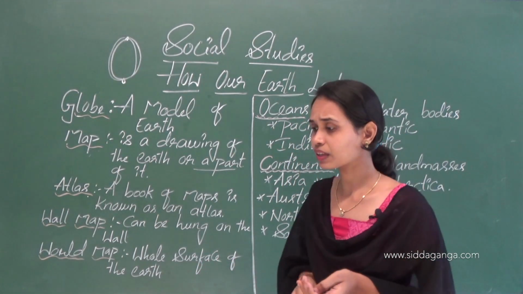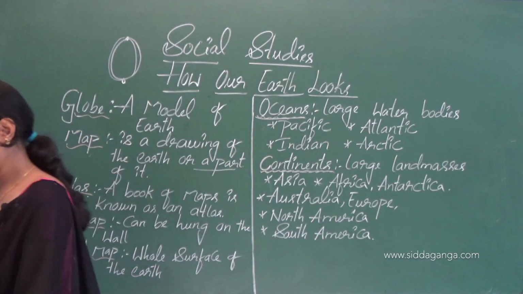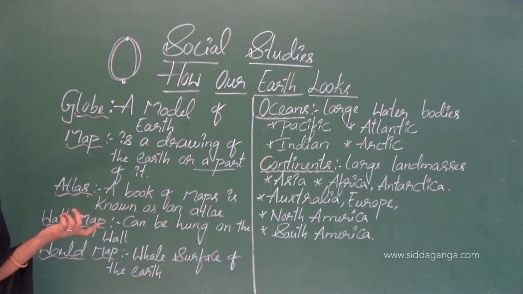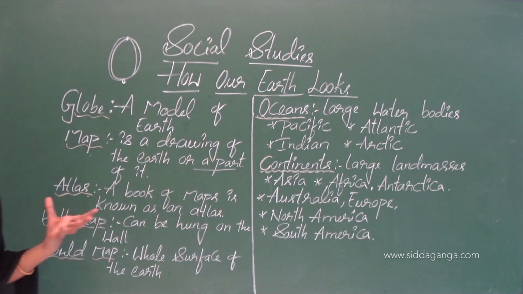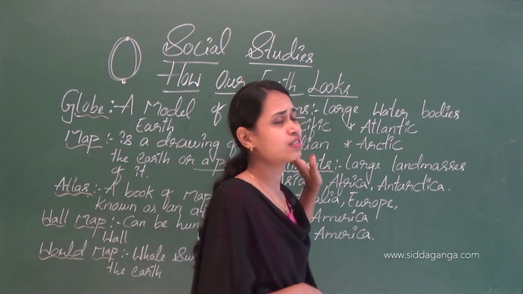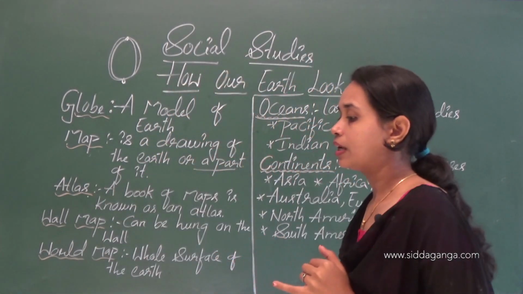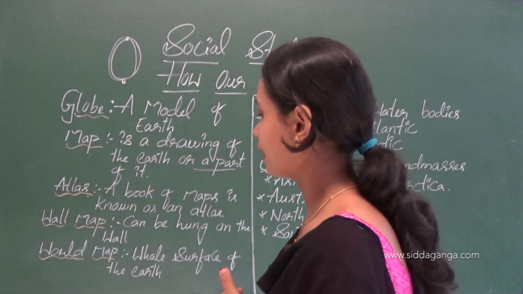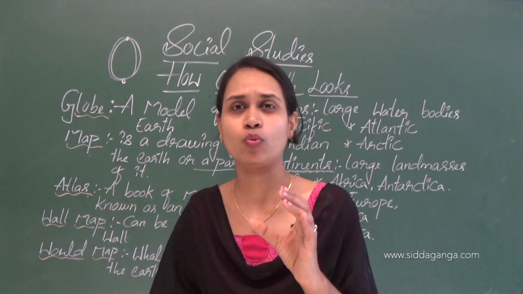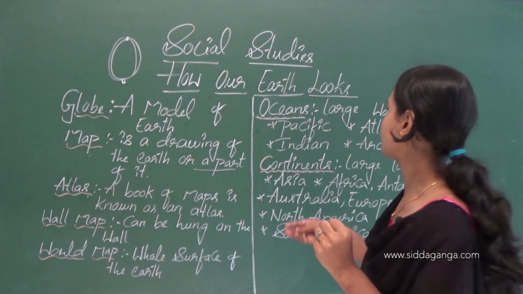On the surface of the earth we can also see many smaller water bodies, not only the large ones. They are called seas, gulfs, bays, lakes, ponds and rivers. Oceans are large water bodies.